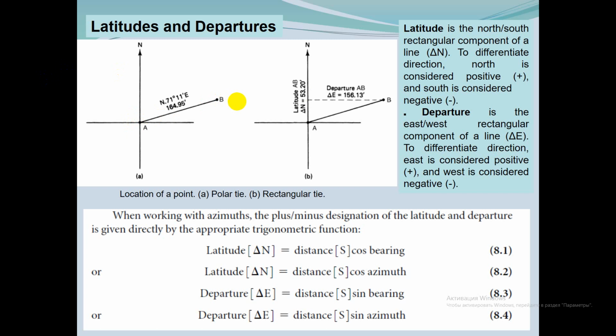And point B on the figure is located by a rectangular tie from point A by distance north, delta N, 53.2 and distance east, delta E, 156.13.